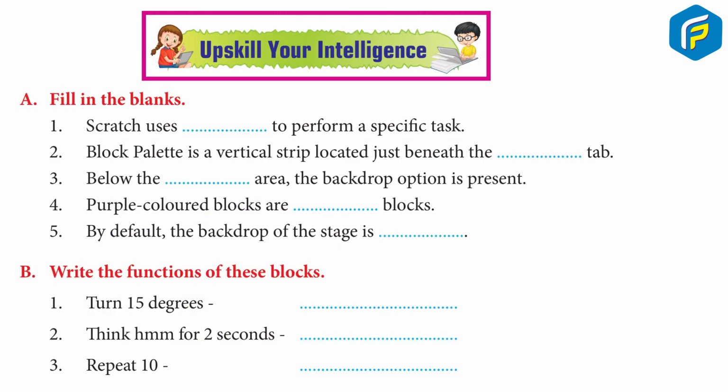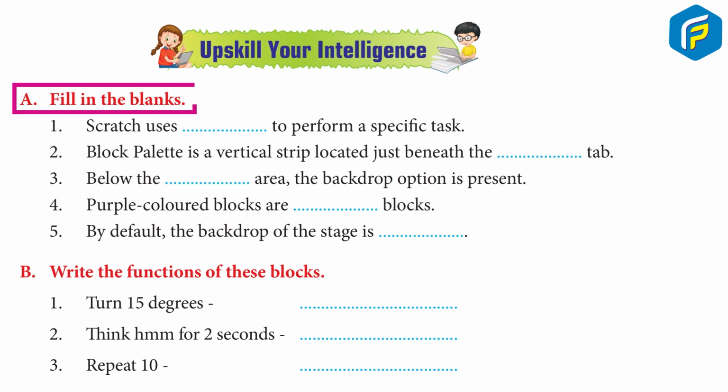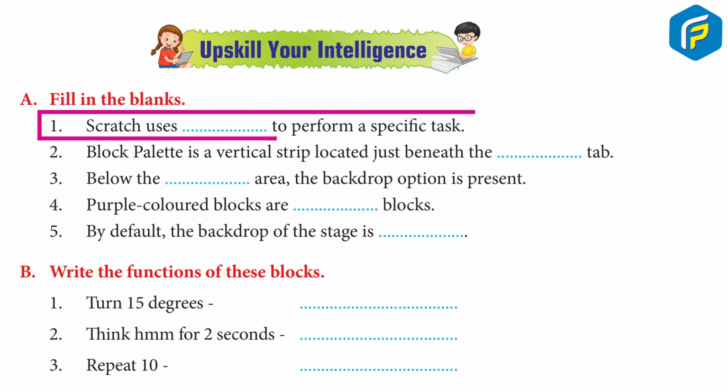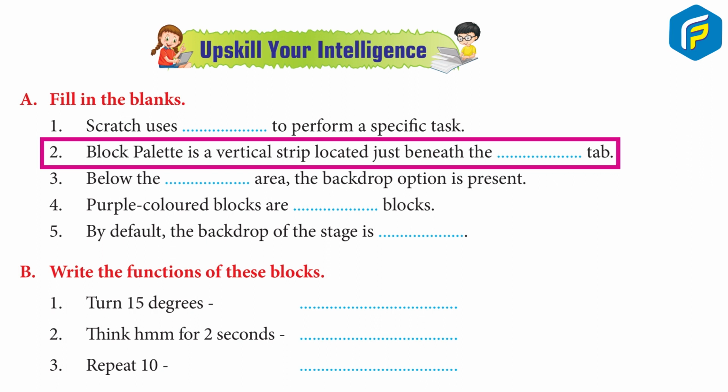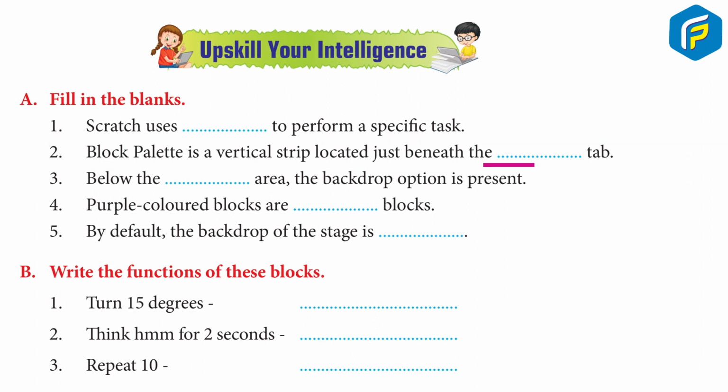Upskill your intelligence. A. Fill in the blanks. 1. Scratch uses dash to perform a specific task. Answer: blocks. 2. Block palette is a vertical strip located just beneath the dash tab. Answer: code. 3.